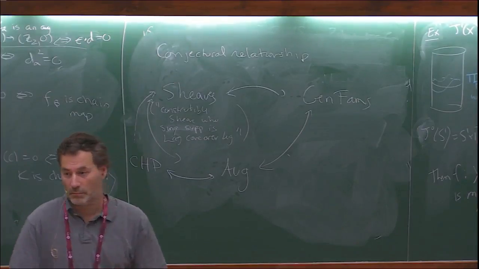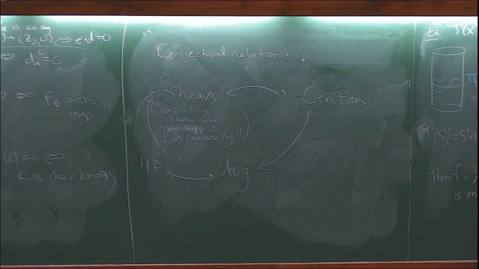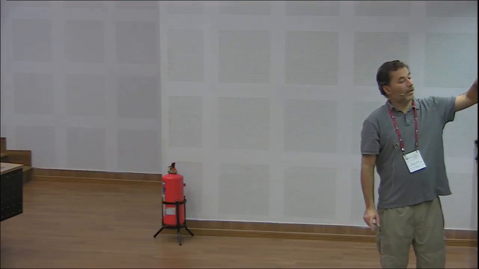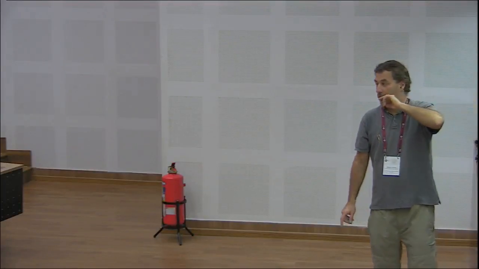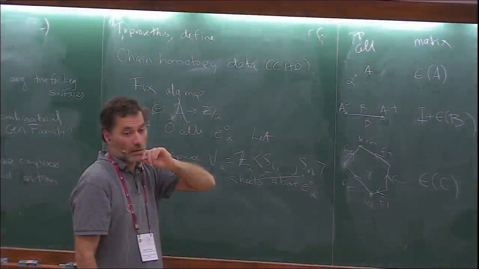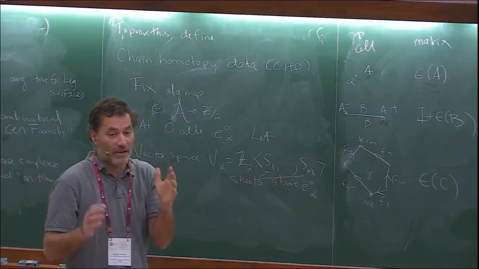Actually, I have one probably related to this thing. Is this chain homotopy data related to the augmentation thing that you explained? Yeah. But this is not something that one expects in algebra, right? If you just have a DGA with an augmentation. No. Yeah, it had to be that specific formula.